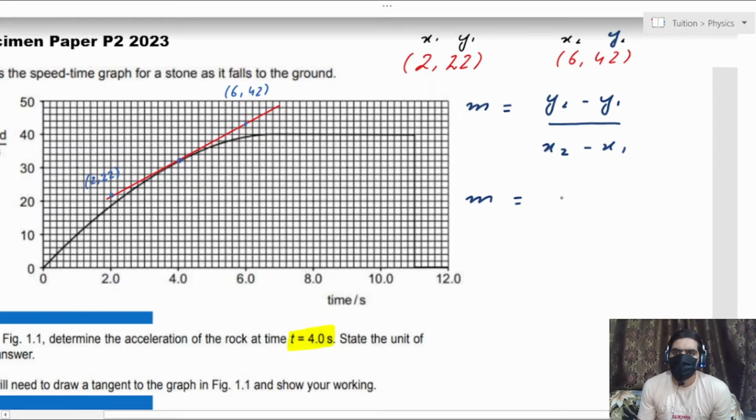So 42 minus 22 over 6 minus 2. Then we don't even need a calculator for that. It would be 20 over 4. That would be 5 m/s².